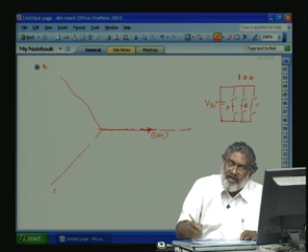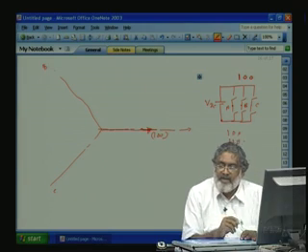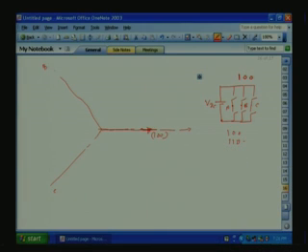Now, let us take 1, 1, 0. That means A and B are at VDC. The vector sum of A plus B will be somewhere here.